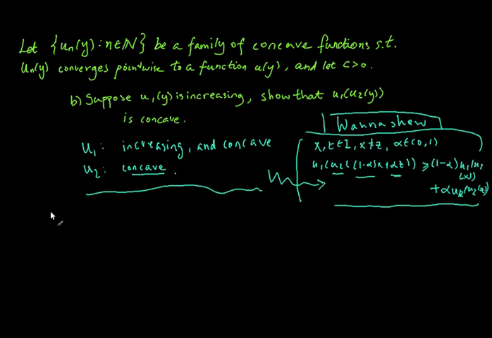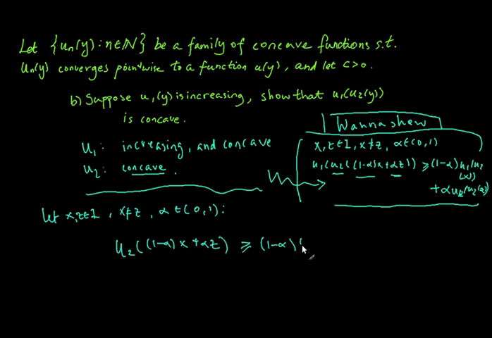So by definition of concavity, we know that for x and z different from each other, and for some alpha in the unit interval, that u2 of (1 minus alpha) x plus alpha z is greater than or equal to (1 minus alpha) u2 of x plus alpha u2 of z. And that just follows extremely simply from the fact that u2 is concave.